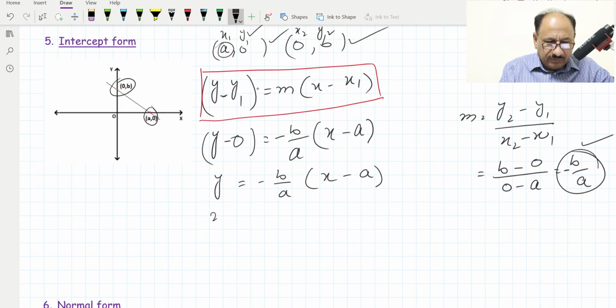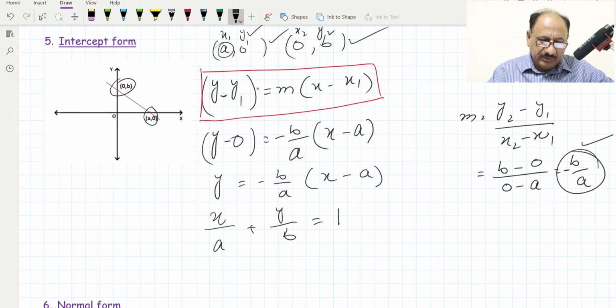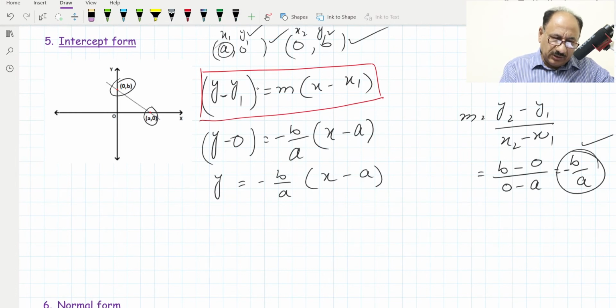This can be rewritten in the form, for example, x over a plus y over b is equal to 1. So how can we write this one? I will write down the step so that you can understand properly. We can cross multiply. We will get ay is equal to minus bx plus ab.